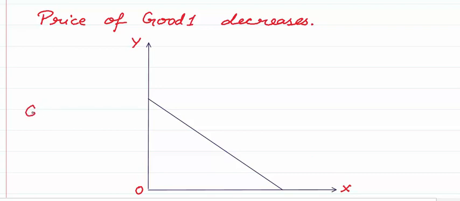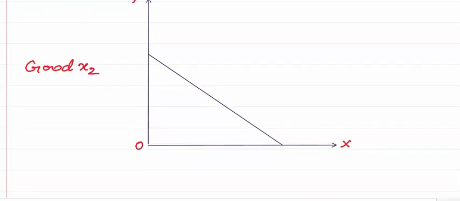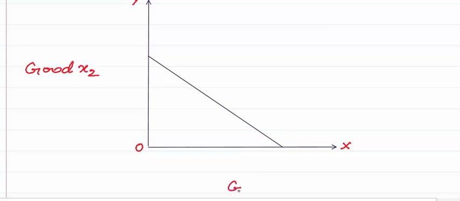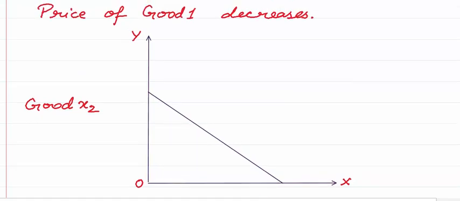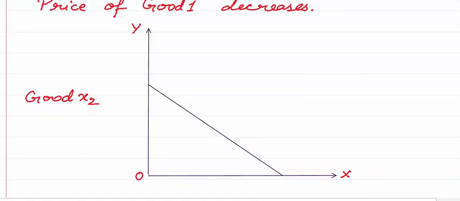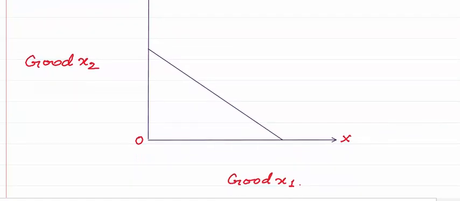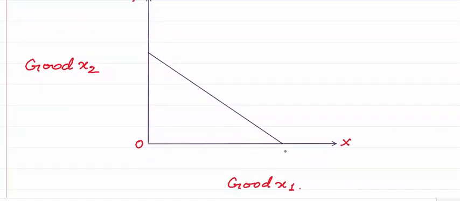On the y-axis we have goods 2, which is X2, and on the x-axis we have goods 1, which is X1. To see the effect when the price of goods X1 decreases: the price of goods X1 was originally P1, and the consumer was consuming X1 quantity of good 1 and X2 quantity of good 2.